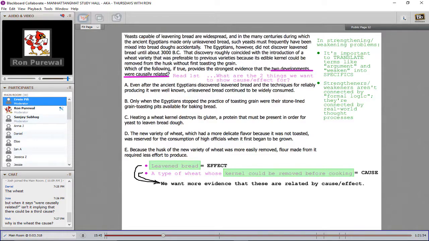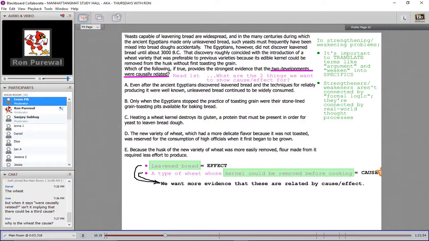The question in the box right now is, why is the wheat the cause? This is just common sense. If you try reversing cause and effect here, it becomes ridiculous. Imagine this as the cause and this as the effect, and think about that for a second. If you make a certain kind of bread, that's not going to bring a new type of wheat into existence.